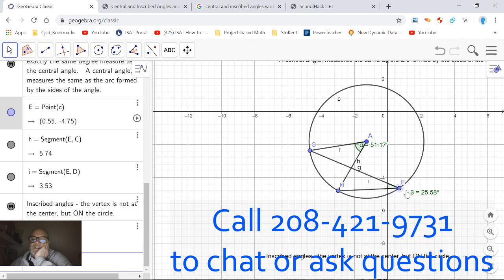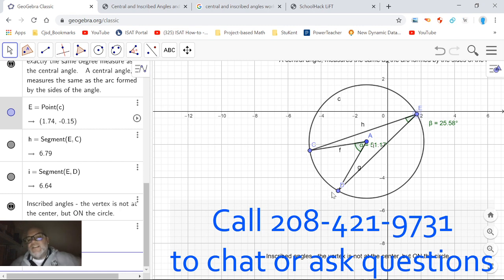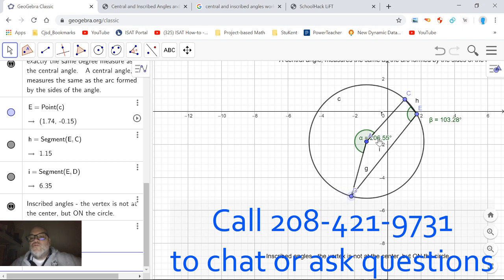Let's move E. E is half of the intercepted arc. So what we do is we try to find the size of the arc, right? When the arc is greater than half the circle, we call it a major arc.